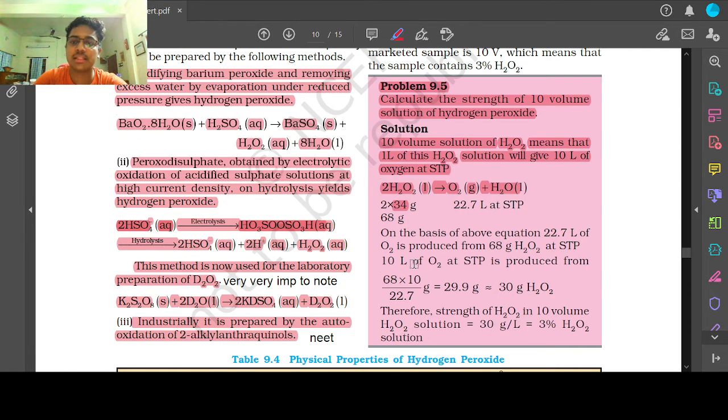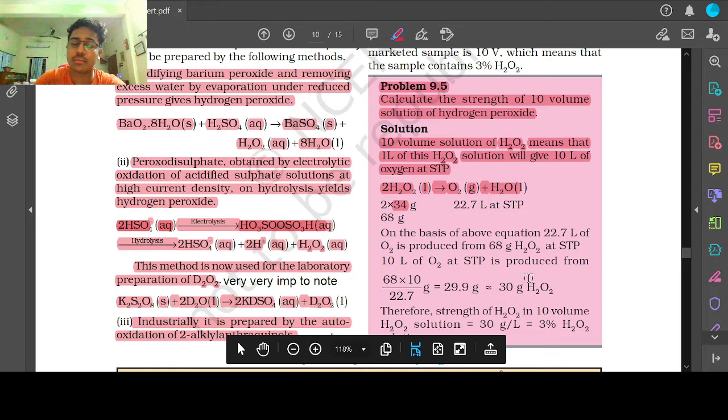Okay, so 68 grams gives 22.7 liters. Or we can say that 22.7 liters of oxygen is given by 68 grams. So by the unitary method, 1 liter of oxygen is given by 68 by 22.7 grams of H2O2.